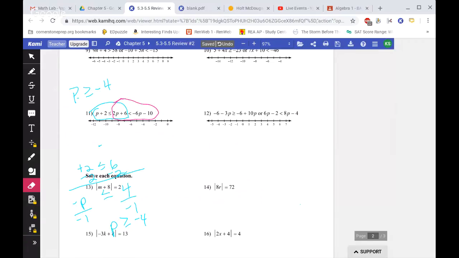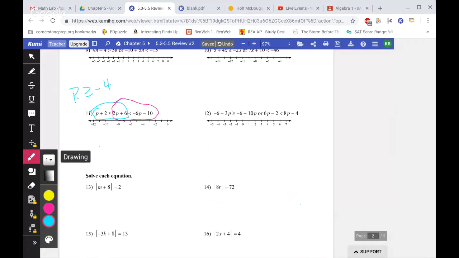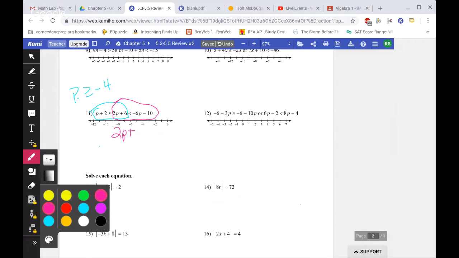And now for the other equation, I'll set it up. It'll be 2p plus 6 is less than negative 6p minus 10. So I'm going to add 6p to both sides because I like to have my variable on the left because it just makes graphing so much easier.